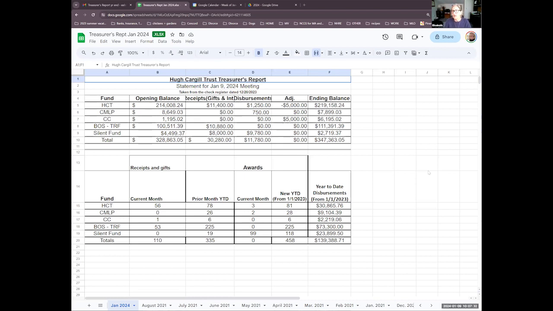And here I was about to write a letter saying, contribute to the Hugh Cargill Fund and the Property Tax Relief Fund, and did not want to add yet another confusion or consideration to the conversation, because I think it's going to take some time.